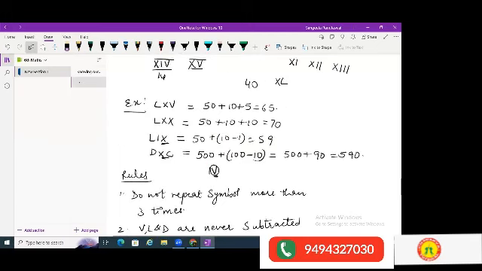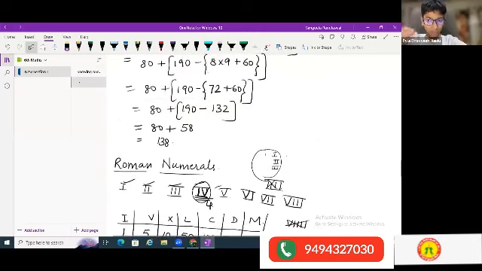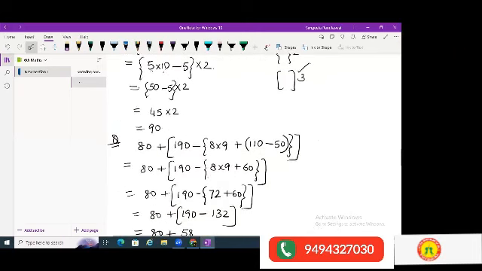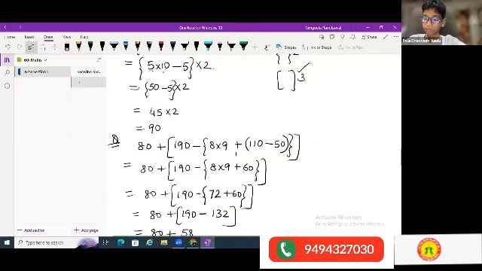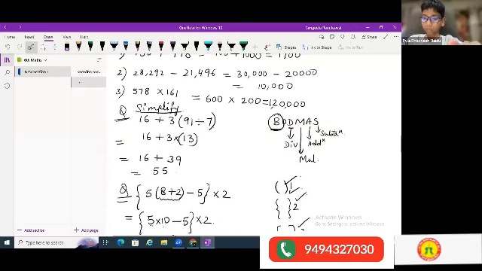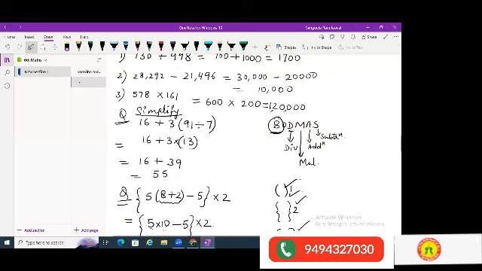Before that, we did the BODMAS rule. The first thing is you must always solve the bracket, the inside part of the bracket. If you are given 3 kinds of brackets, then first solve this bracket, then the second bracket, then the third bracket.